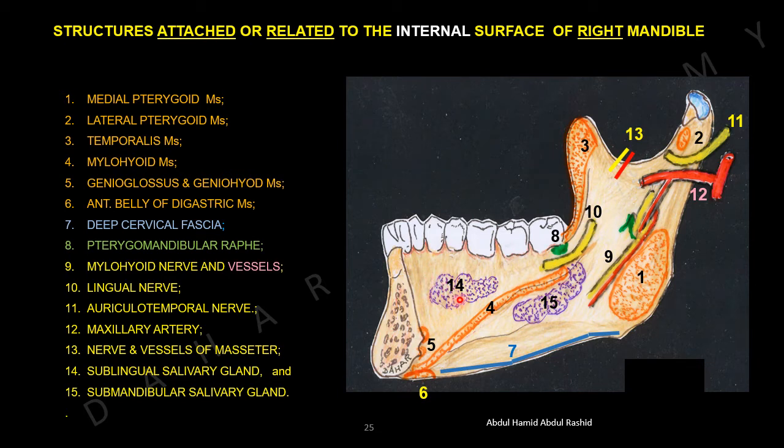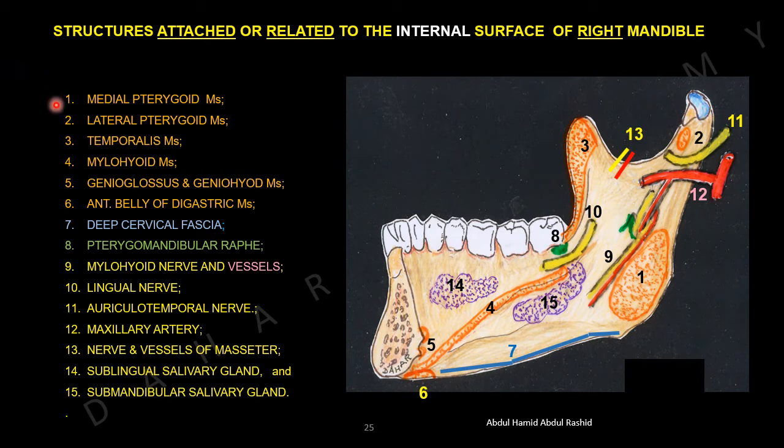This is the internal surface of the right body of the mandible, and this is the internal surface of the right ramus of the mandible. These two are the internal surface of the coronoid process and condyloid process, and this is the head of the mandible.